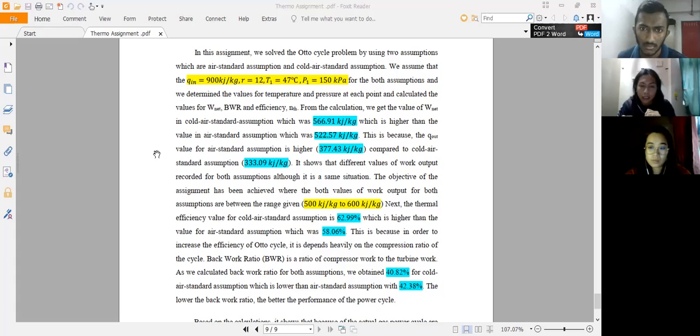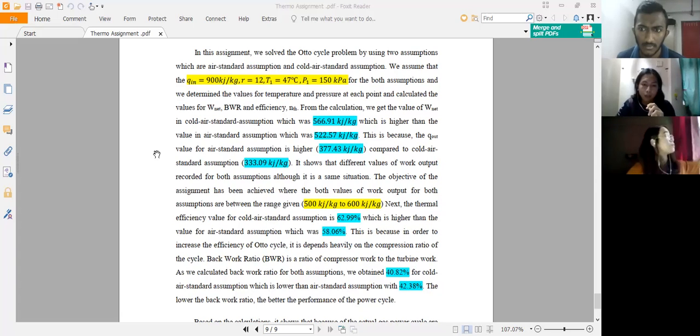For air standard assumption, we needed to use a lot of terms such as relative specific volume, vr, internal energy per unit mass, u, and interpolation. Meanwhile, cold air standard assumption doesn't need those terms and much simpler steps are needed.